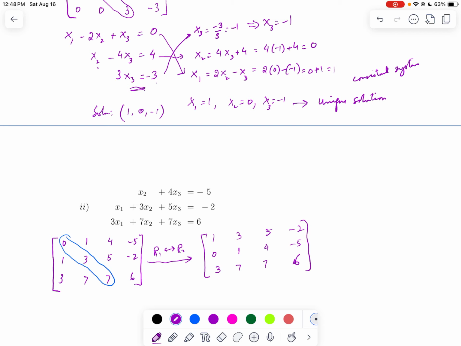As explained before, by using one of the operations we have learned. I will multiply the first row by -3 and then add it to the third row.